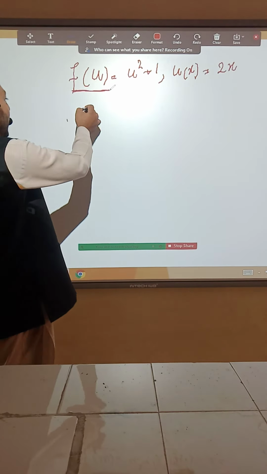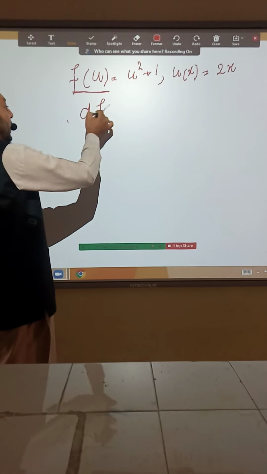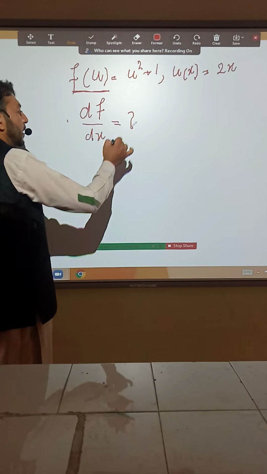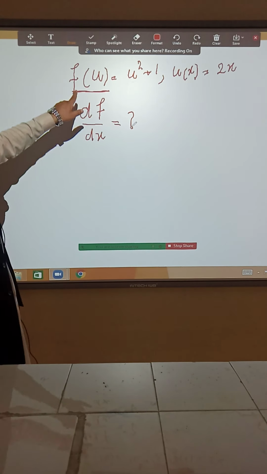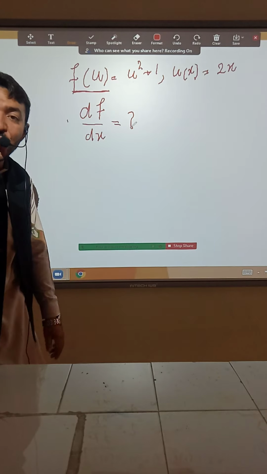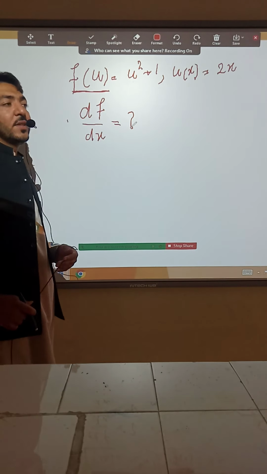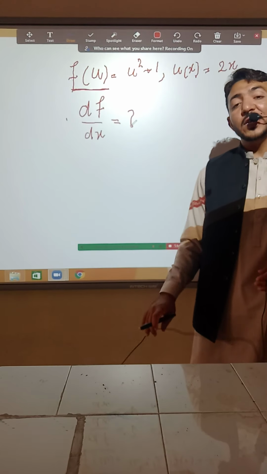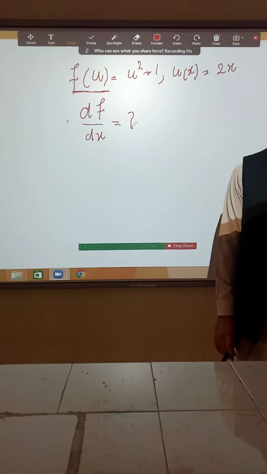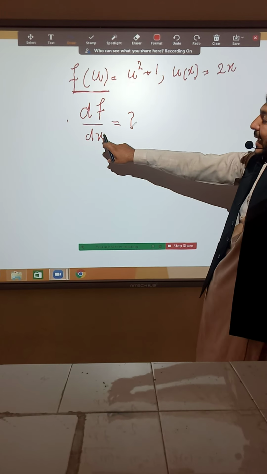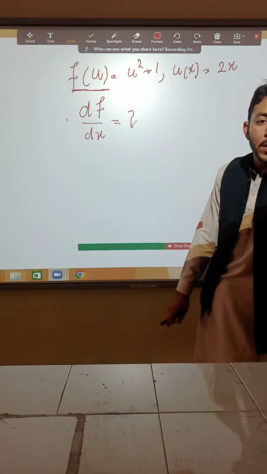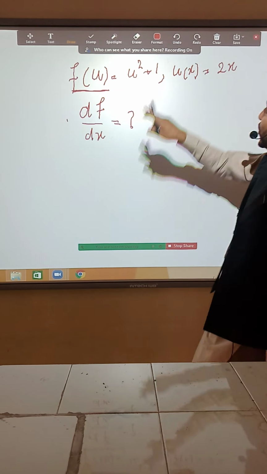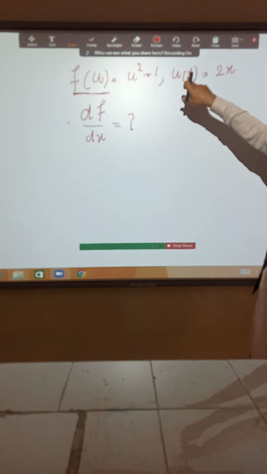अब अगर इसका आप डिफरेंशिएशन फाइंड करना चाहते हैं df by dx, so how can you find this derivative? You see that the function f is dependent on u, and we already discussed that the differentiation is carried out with respect to the independent variable of the given function. So in this case, x is not the independent variable, u is the independent variable, but u is actually a function which is dependent on x.